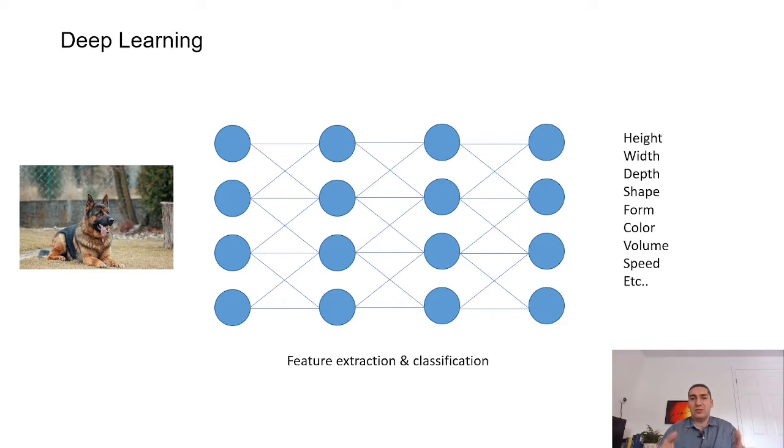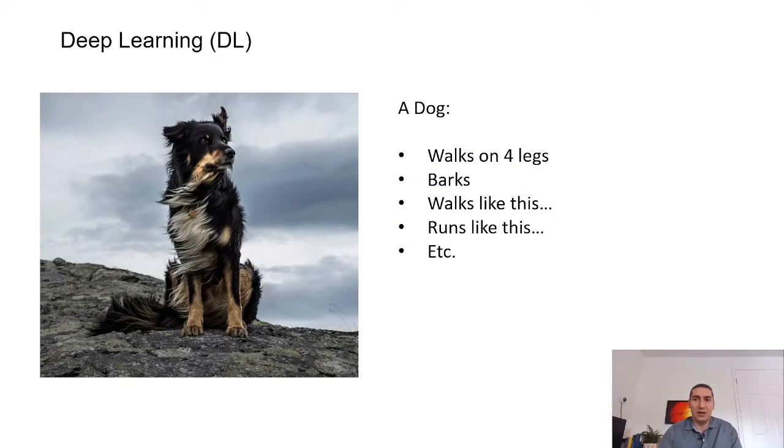Based on these thousands and thousands of images that we have, we identify what's the height of the dog, what's the width, what's the depth, what's the shape, what's the form, it has legs, it walks, it barks. So all these data, we take it in, or we don't need to take it in. The algorithm will define these data. So it will start taking characteristics of this object and defining it internally. And these could be endless characteristics.